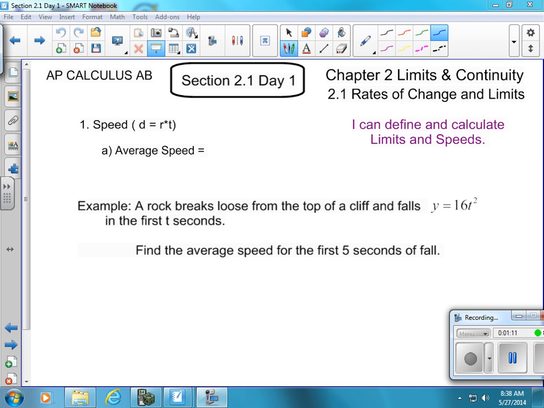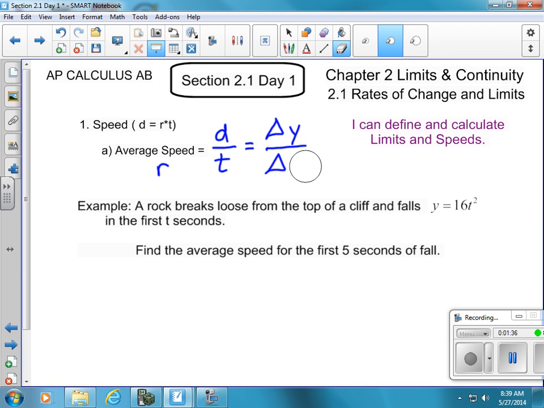So a general equation for distance equals rate times time. If we call our rate our average speed, that means the rate is equal to the distance divided by time. We also sometimes write this as the change in y over the change in x, or we could use change in time, which might be better.